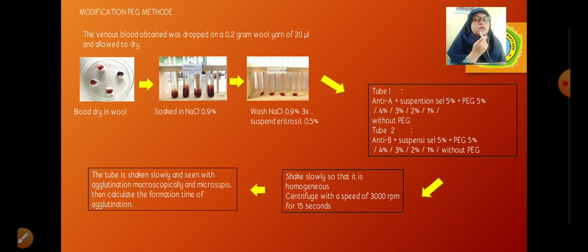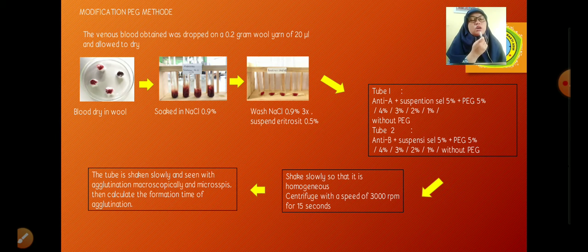Next, in tube 1, I add anti-A, erythrocyte suspension, and PEG at 5, 4, 3, 2, or 1% or without PEG, and in tube 2, anti-B, cell suspension, and PEG at 5, 4, 3, 2, or 1% or without PEG. Then mix slowly so that it is homogeneous.